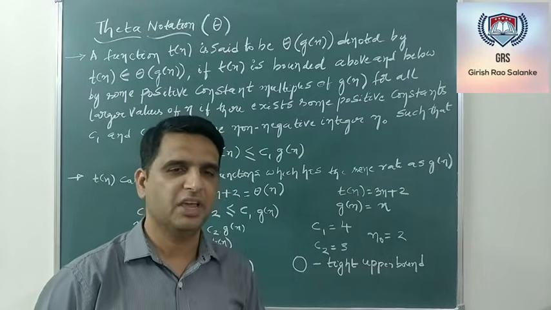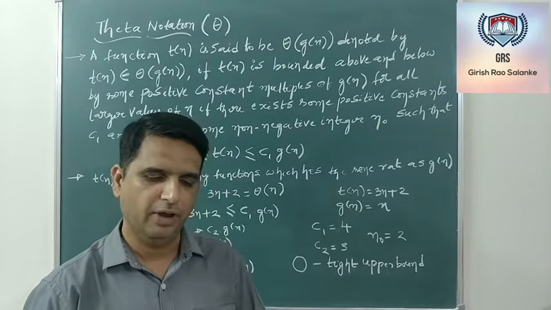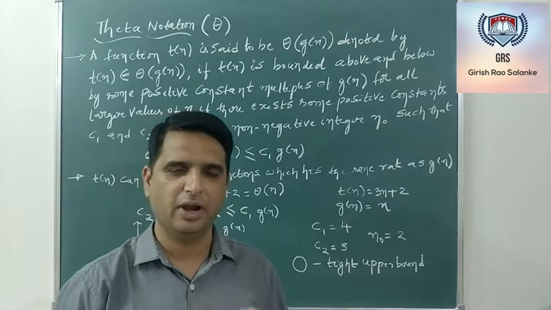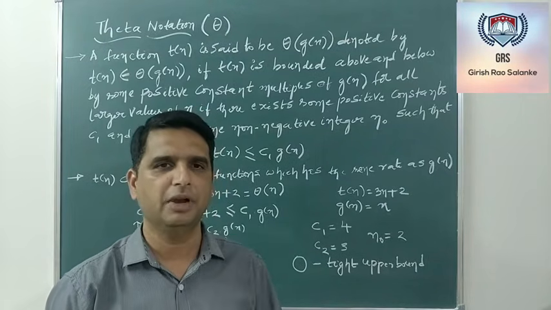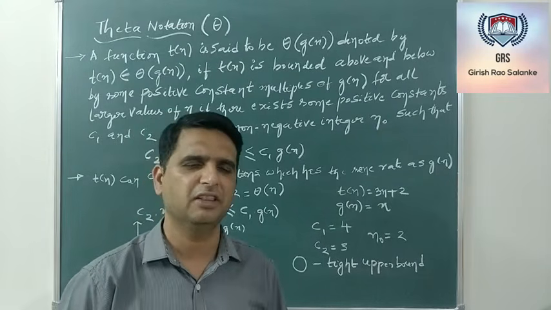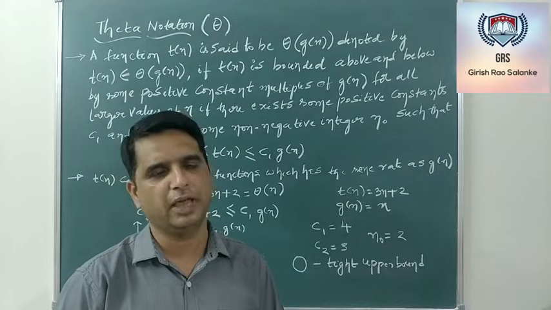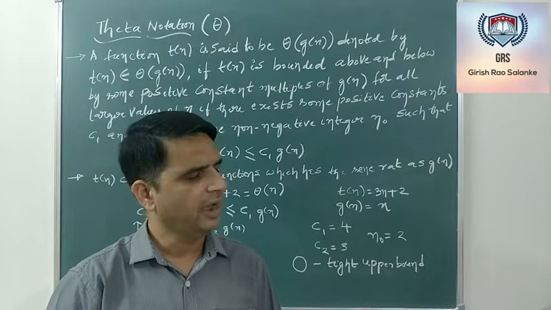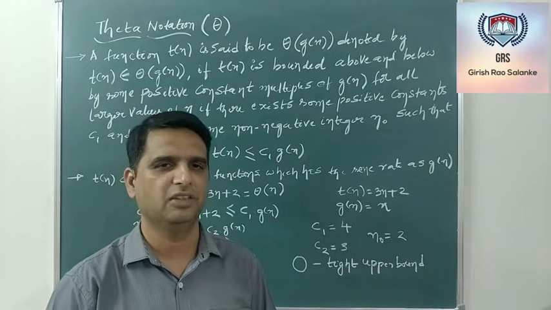Note that the best case, worst case and average case come into picture when the input is changed. For an algorithm, if I change the input and the number of times the basic operation gets executed changes, then we can express it as the best case and the worst case. Best case is the minimum number of times the basic operation gets executed, and worst case is the maximum number of times the basic operation gets executed.